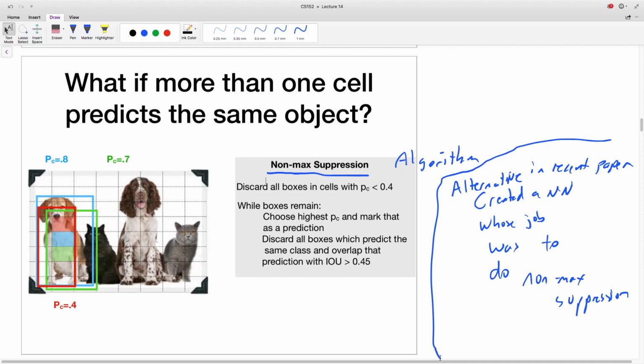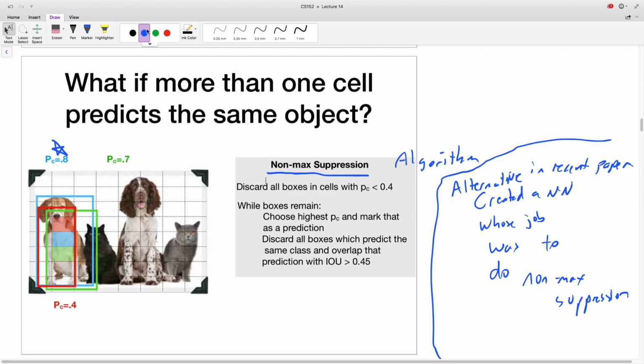That gets rid of a whole bunch of them, like all of these and lots of others. And then we choose the highest probability of an object. So here we would do the blue one, and we mark that as a prediction. That's a winner, right?